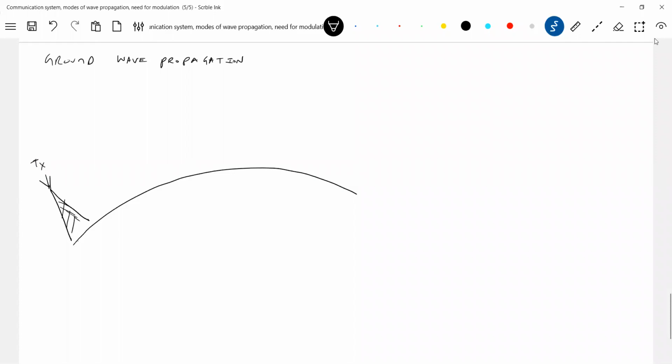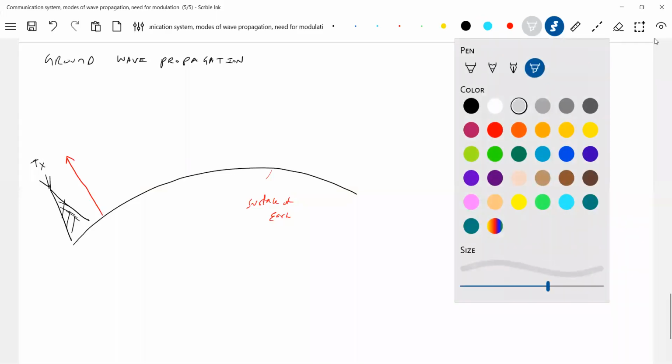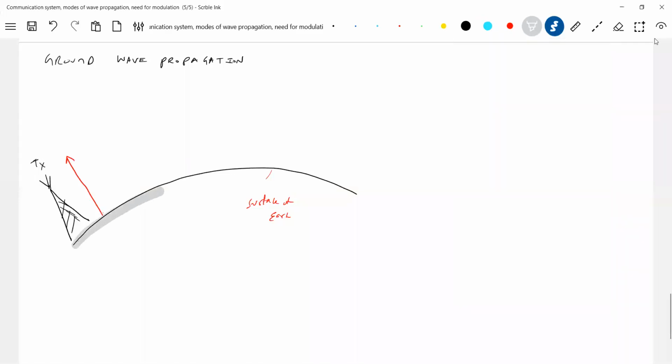It will generate a wave. The wave which is generated will have the electric field vector directed normal to the surface of the earth. So this is the surface of the earth.